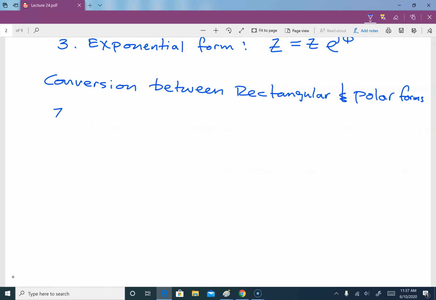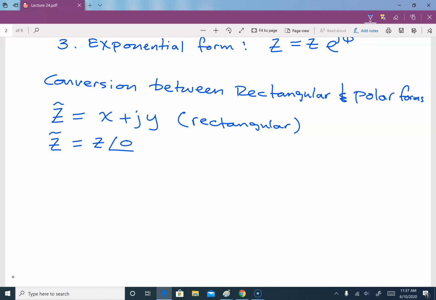If the complex number is given as phasor z is x plus jy, this is rectangular. And our phasor z in polar form is z with angle phi.